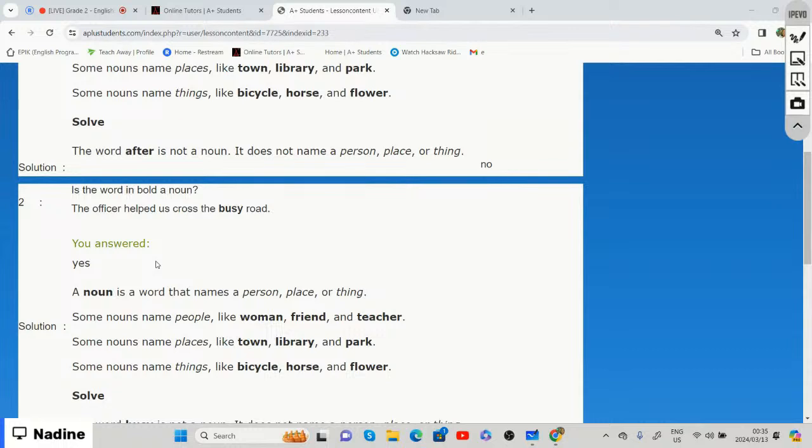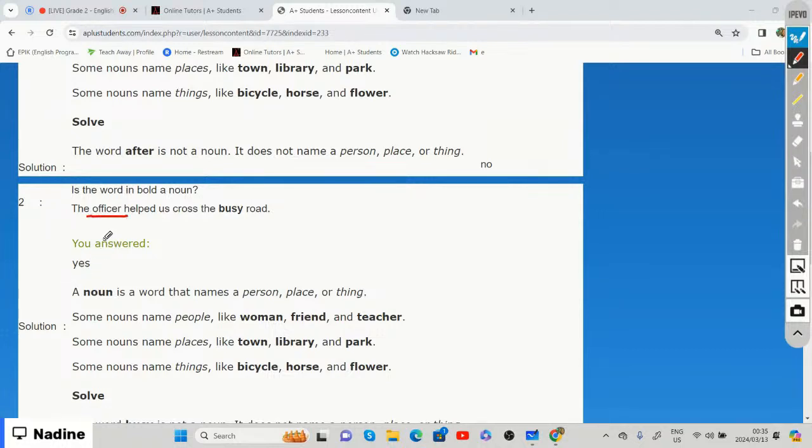And even if we were to identify the noun, we can maybe say it is officer, right? Even road can be our noun.